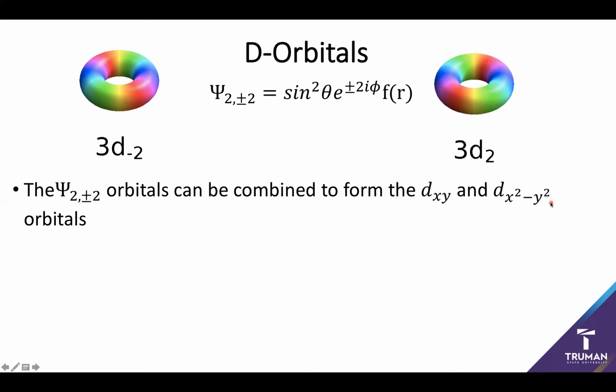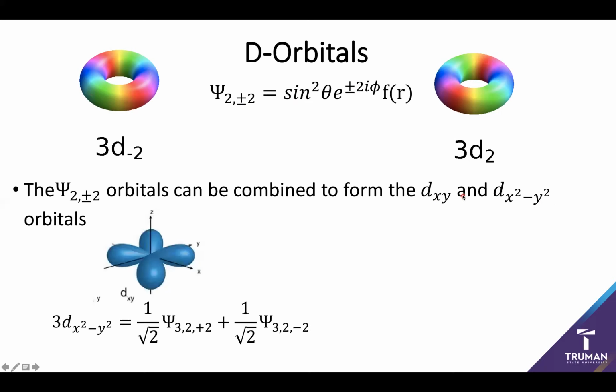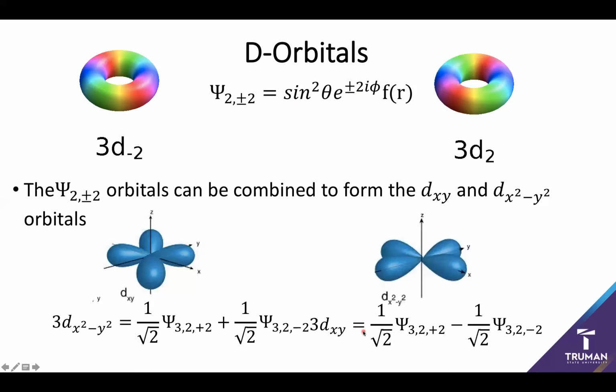So the one with the odder name, x squared minus y squared, is conveniently and confusingly, I flipped them up here. So my x squared minus y squared essentially exists along the x and y axes. So that's kind of the reason for this odd notation, but confusingly it is actually generated by adding the two wave functions together.